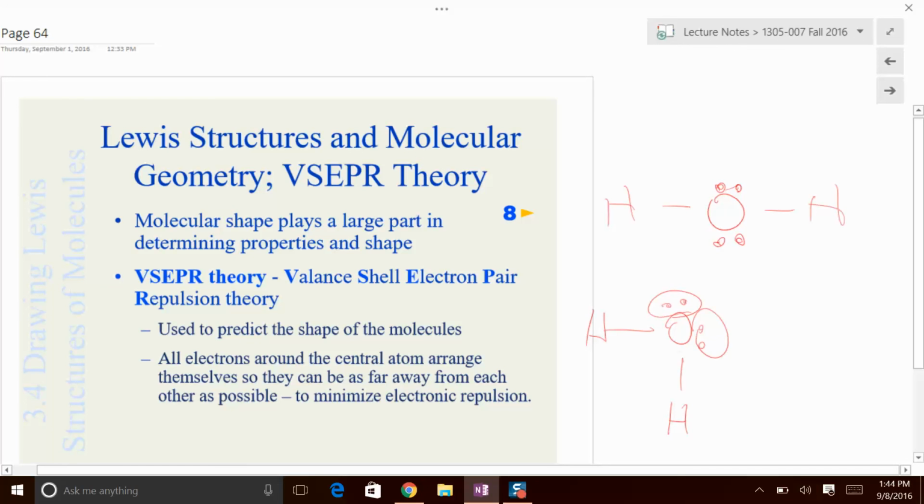So we say it has a bent configuration, okay, because of those lone pairs. So when we talk about valence shell electron pair repulsion theory, we're going to start to describe the actual shape of these molecules. Okay, so we'll do that next time.